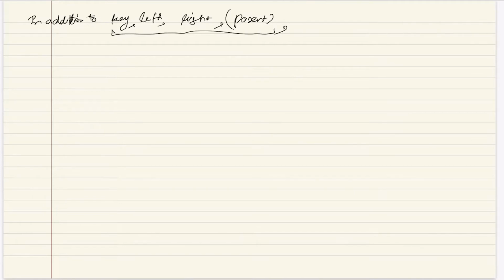I need to figure out the balance property, the height balance of this particular node. So I just maintain something called a balance factor. In addition to this, a node in an AVL tree should maintain the balance factor.